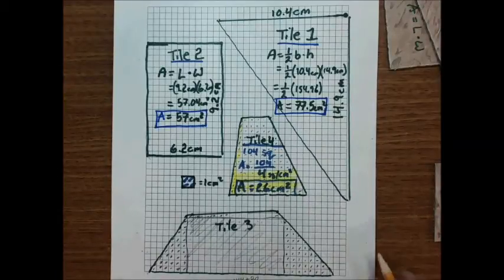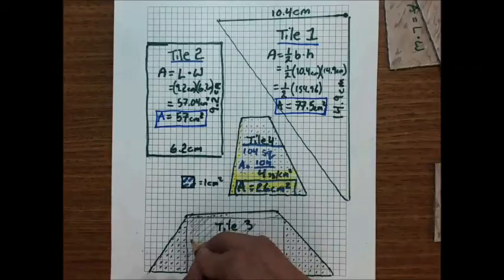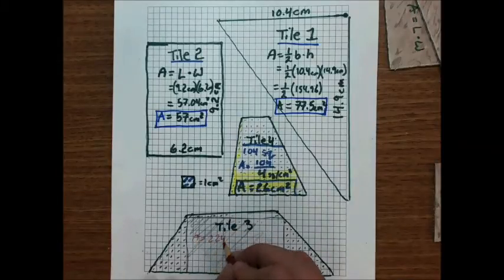So 144 plus 80, I know that's a long count, that's 224 boxes. I'm going to record that up in here where we can write this down so everybody can see. So we'll have area is equal to 224, we'll call it squares.